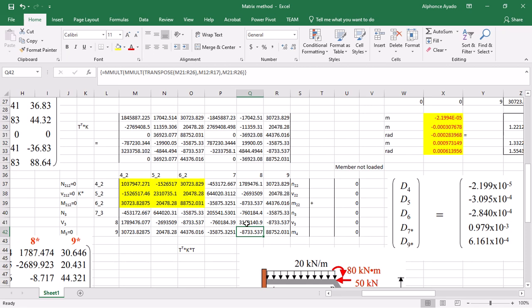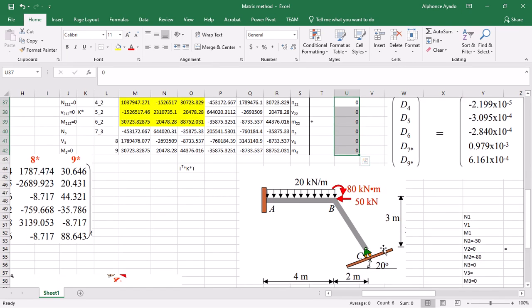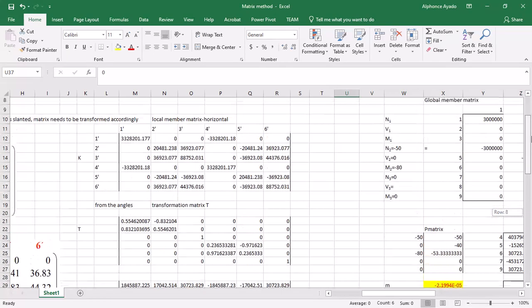So symmetry is a key issue. I think in some cases there are some angles where the symmetry may no longer hold, and the fixed end moments are 0 in this case because the second member is not loaded. There is no load in the second member, so the fixed end moments are 0.